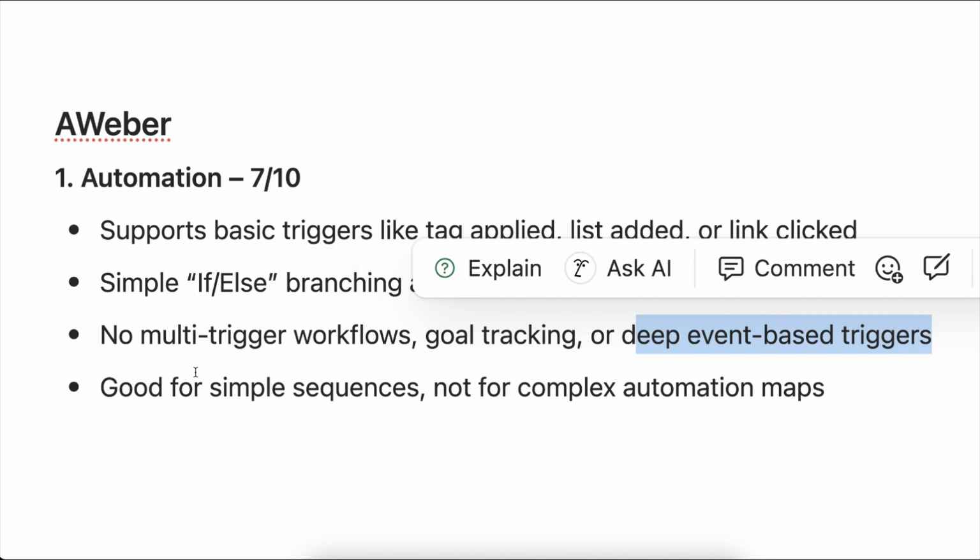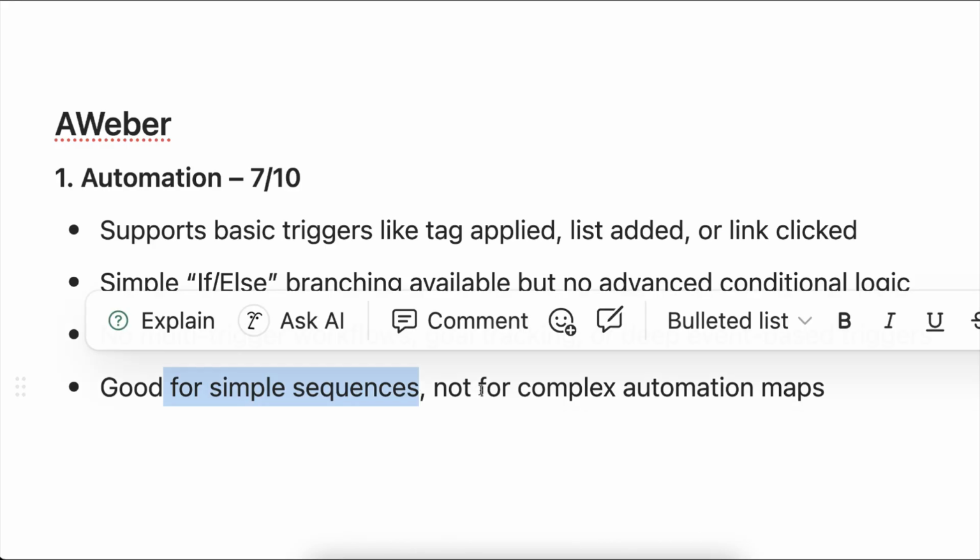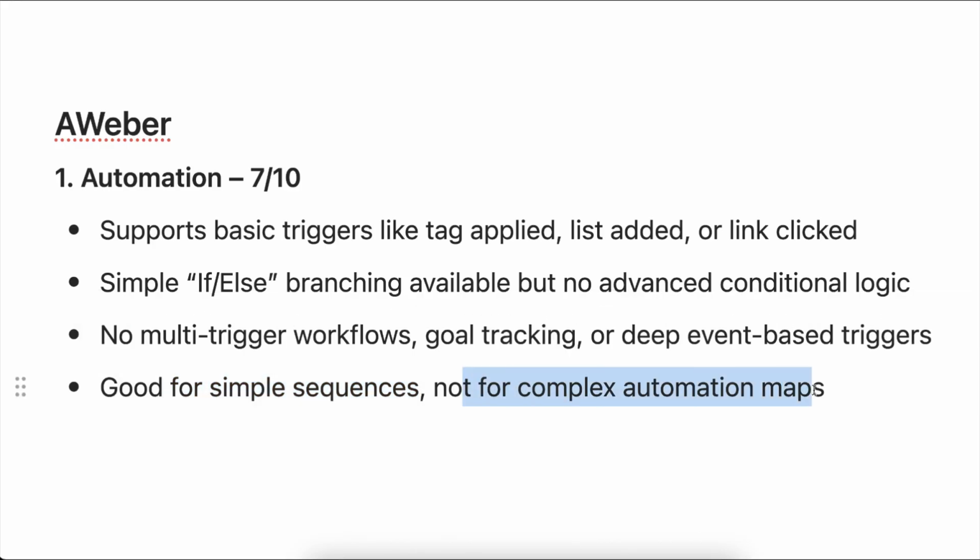So honestly, it has most of the basic stuff, but is just missing a couple of different things. Also split A/B automations, which is a pretty huge thing. So it's good for simple sequences, but not really great if you want a little bit more complex automations. So I'll give it only a 7 out of 10.